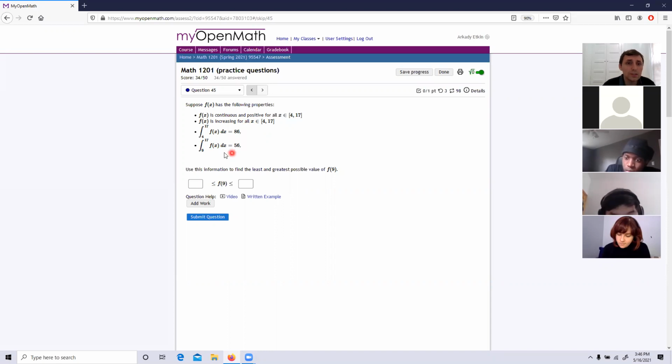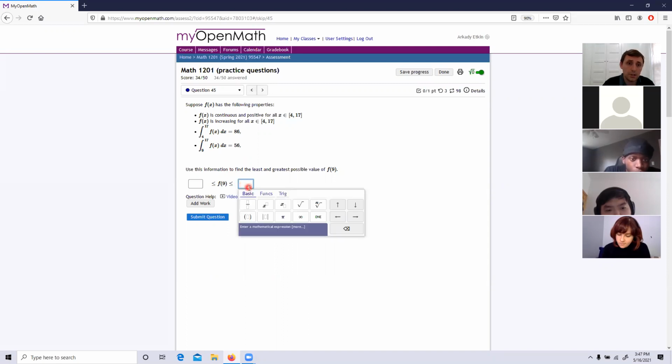Positive. So then we can take this number from 9 to 17, which is 56, and divide by the difference of 17 and 9. So 17 minus 9 is what? It's 8, right?